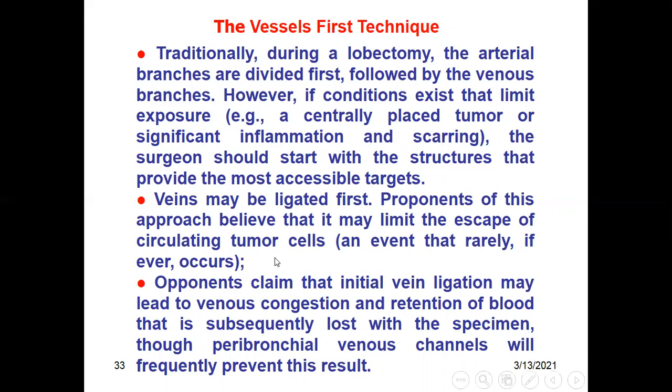Although this possibility is very rare, the opponents of ligating the vein first claim that initial vein ligation may lead to venous congestion and retention of blood that is subsequently lost with the specimen. So some people advise to ligate the vein first, especially when the case is a tumor, while others prefer ligating the pulmonary arterial branches first.